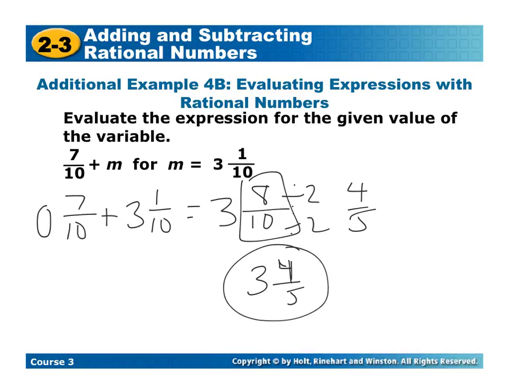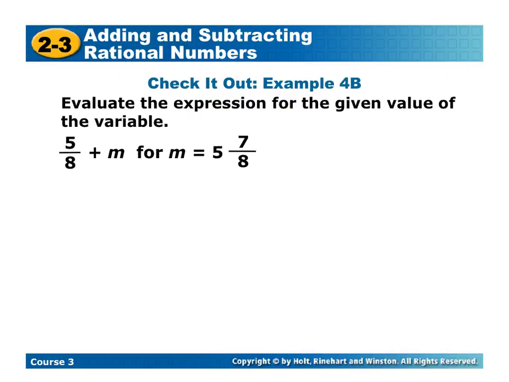So go ahead and pause the video and try this last problem on your own. So we're going to have 5/8 plus m, but in this case m is 5 and 7/8.